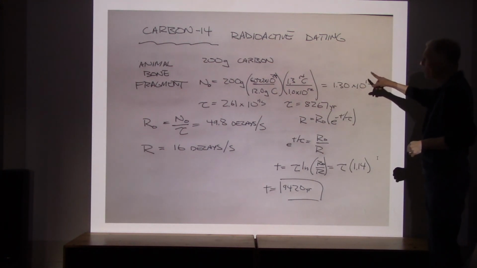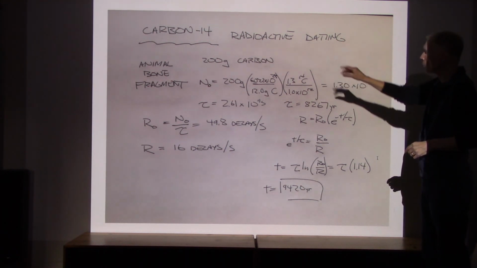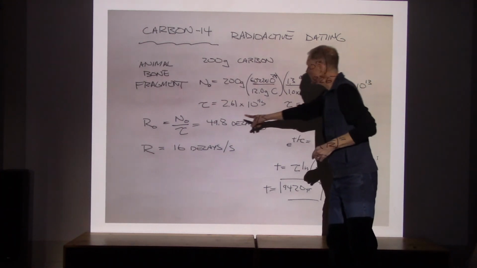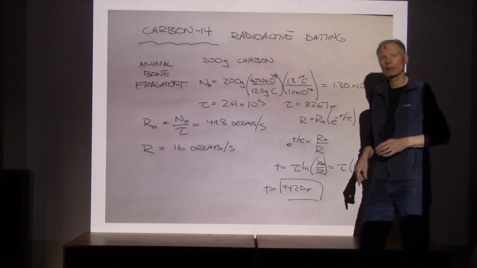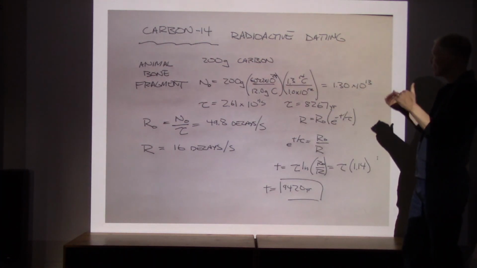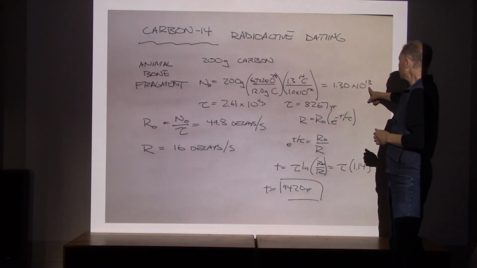Now that says at the time that the animal died, this particular 200-gram sample would have been decaying at a rate of about 50 decays per second. So again, that 200-gram sample would have had this many carbon-14s.